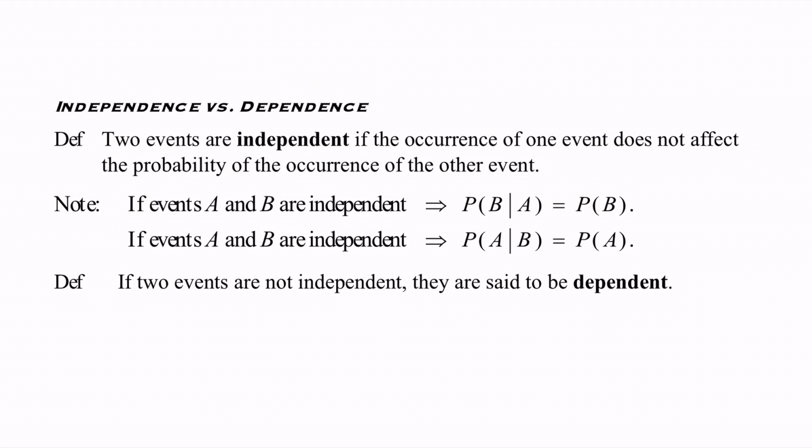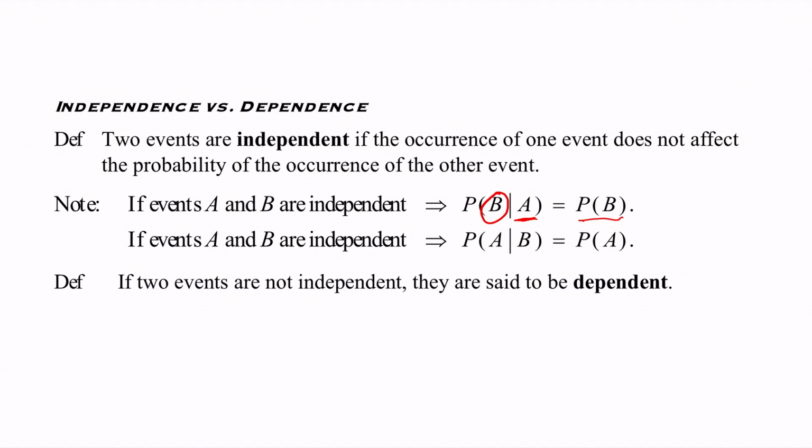Looking below here, we would say the probability of B given A is equal to the probability of B. So that's saying that the probability of B occurring is not affected by the event A. And so the probability of B given A is equal to the probability of B.